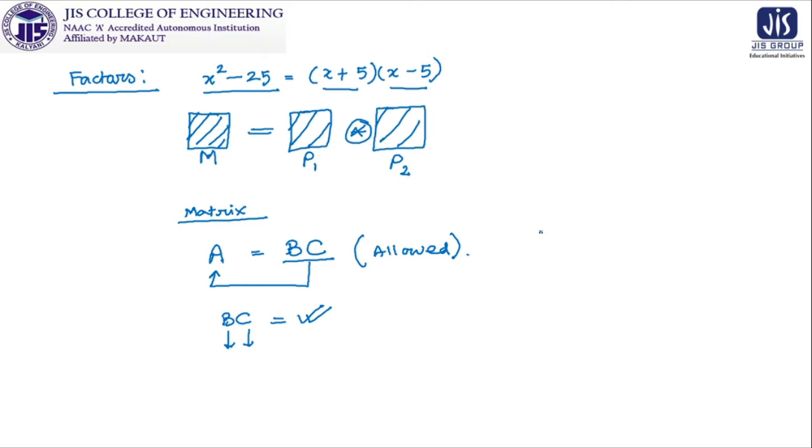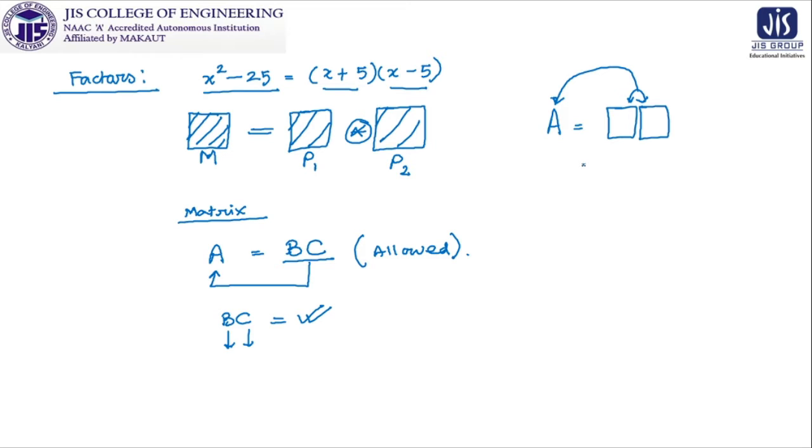That means we have one matrix A, and we are trying to distribute it into two matrices in such a manner that their product gives this matrix A. This is the reverse method we have to use, and it is not as straightforward as matrix multiplication.